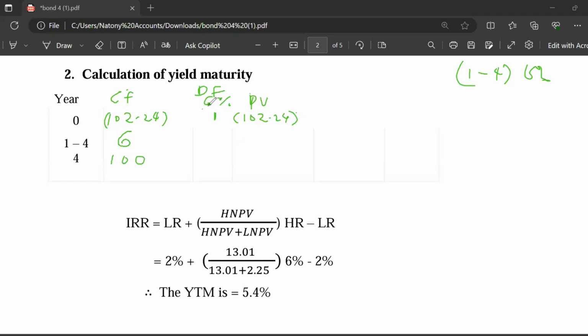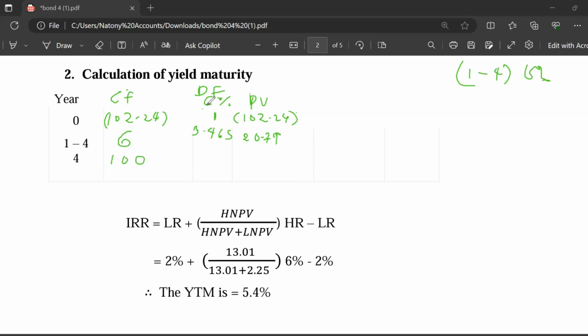That will give 3.465. 3.465 multiplied by 6 will give 20.79.